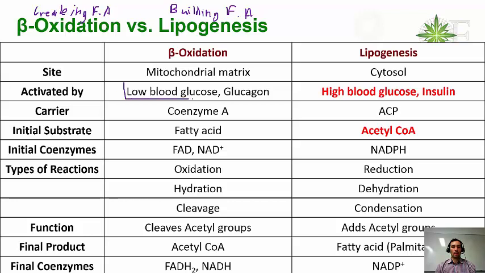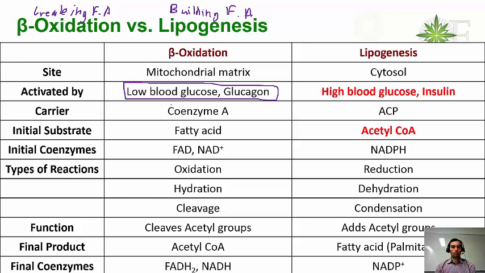So we actually activate beta oxidation by glucagon, because glucagon is functioning to take the glucose that remains out of the cell and back into the blood, where it can be carried to where it's required. So the cells need another source of energy, so that source of energy is our fatty acids, which we can use to create the acetyl-CoA.